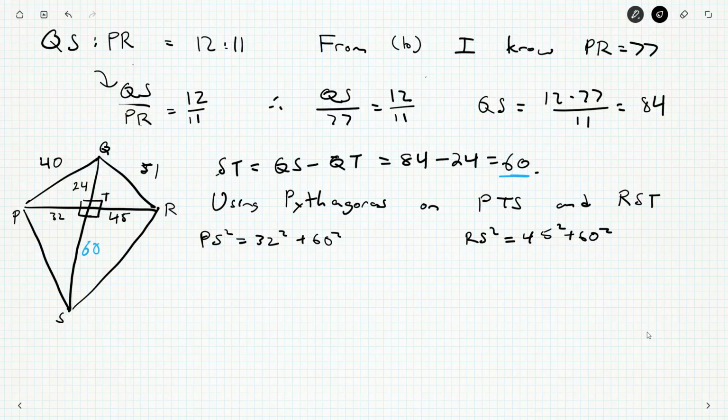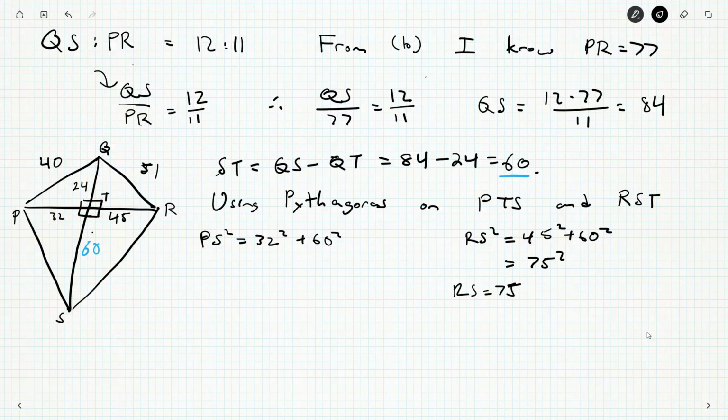Now, I've been using calculators and working this out. Another thing you can do is recognize Pythagorean triples. So 45, 60, these guys have a common factor of 15. This is just a 3, 4, 5 triangle multiplied by 15. So this is actually going to be 75 squared, and RS is going to be equal to 75.